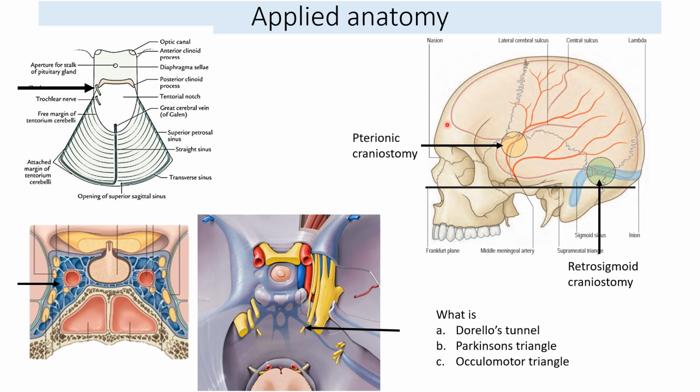So that approach is called pterional craniostomy, whereas retrosigmoid craniostomy is done to deal with the thrombosis of sigmoid sinus or transverse sinus, or to reach the confluence of sinuses. So that is called retrosigmoid craniostomy. So that is all about the venous sinuses.